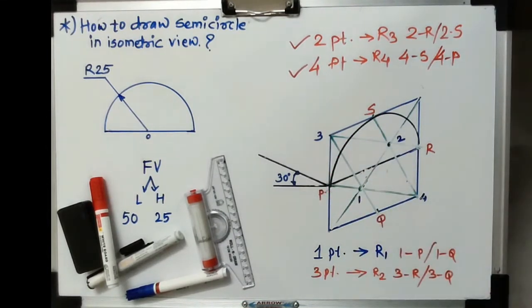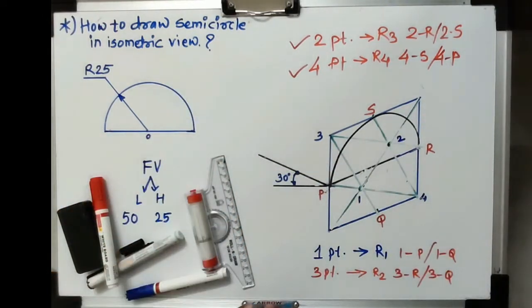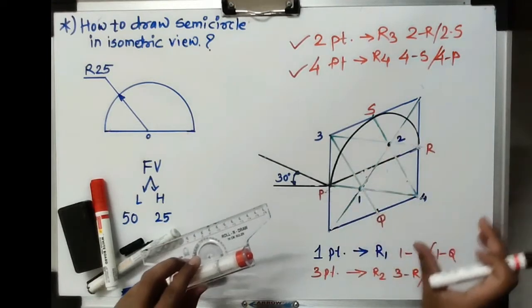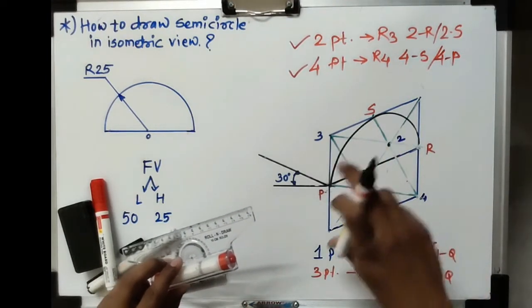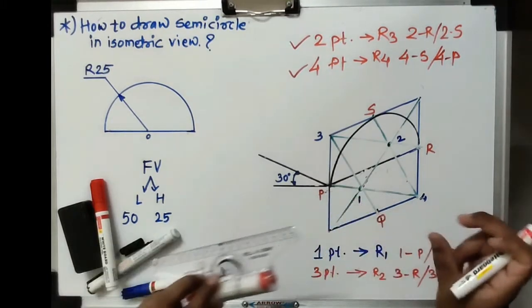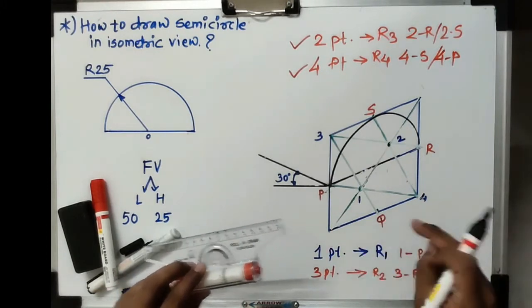Now this is the complete semicircle represented in the isometric view, and at the end we have to make the outlines of the semicircle somewhat dark. I have used whiteboard marker pens here, that's why it has the same shade. But while drawing this on your sketchbook or drawing sheet, all of you have to use a proper pencil and make proper use of dark and faint lines.